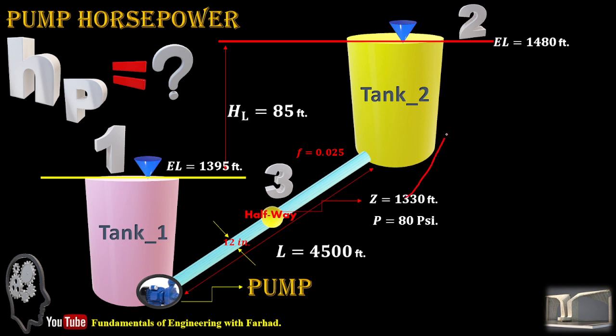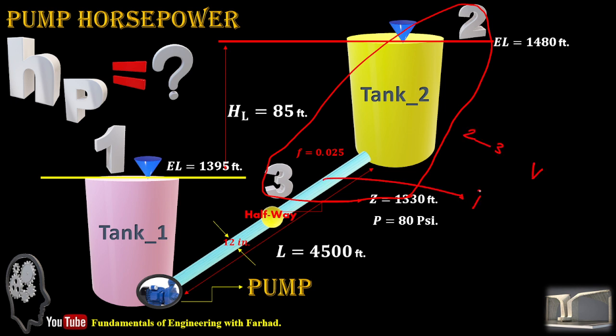So we just jot down the Bernoulli equation between point 2 and 3 and get the velocity in the pipe. So pipe velocity, and then Q is A times V, and based off the Darcy-Weisbach equation, HF, the head loss, is F L over D times V squared over 2g.